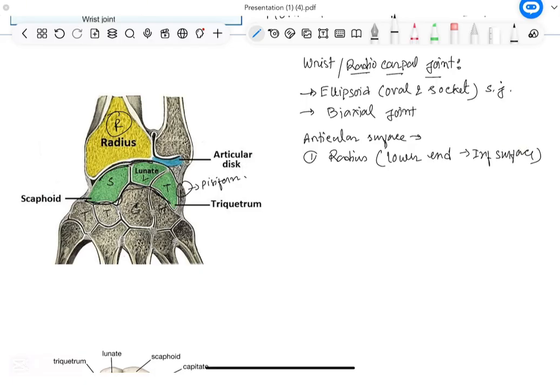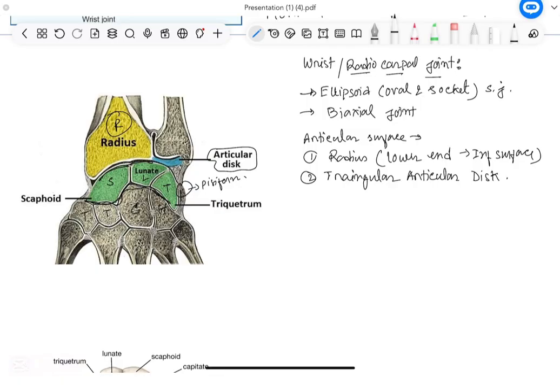Then there is the inferior surface of the triangular articular disc, which is very important for formation of this wrist joint. So number 2 is the triangular articular disc. This is the proximal.